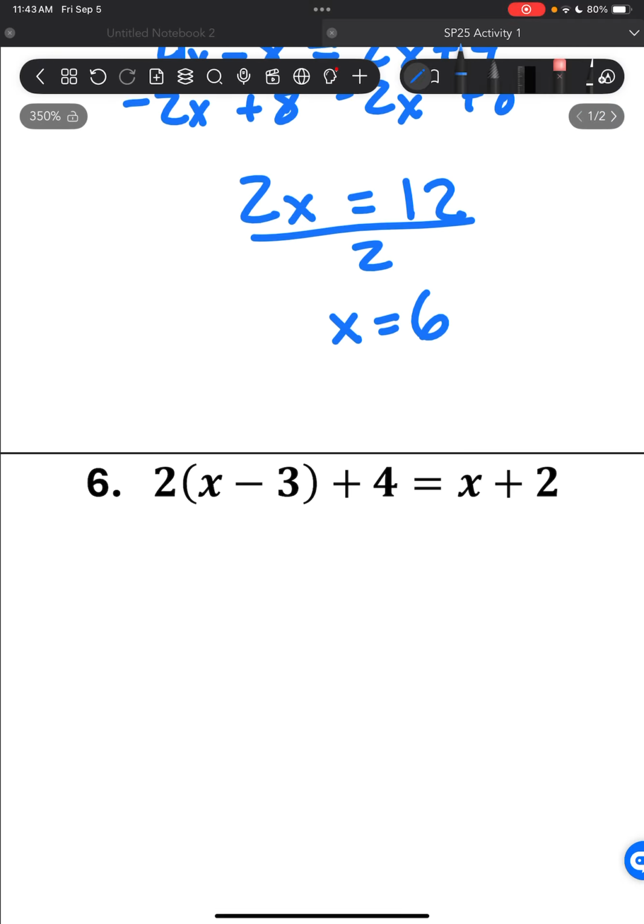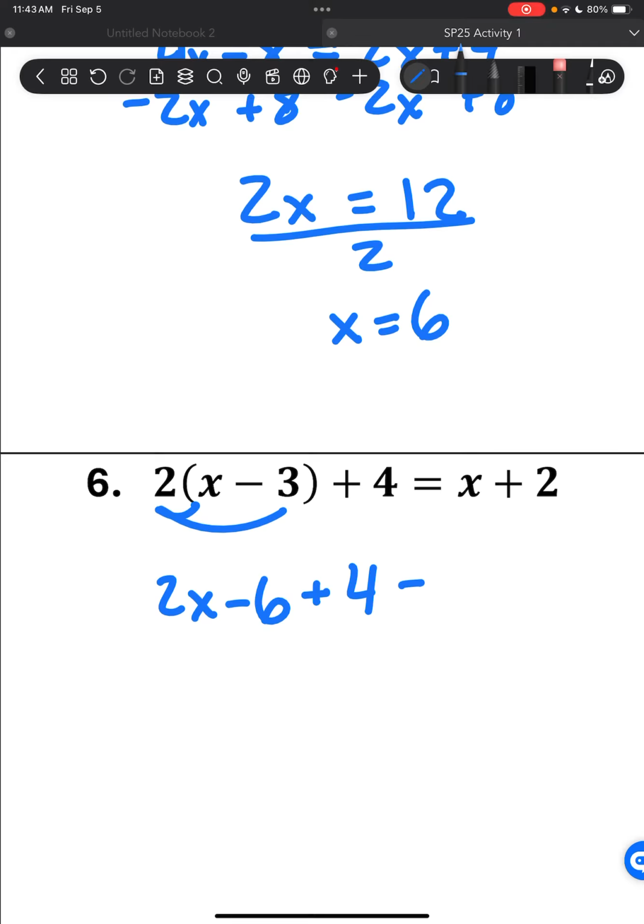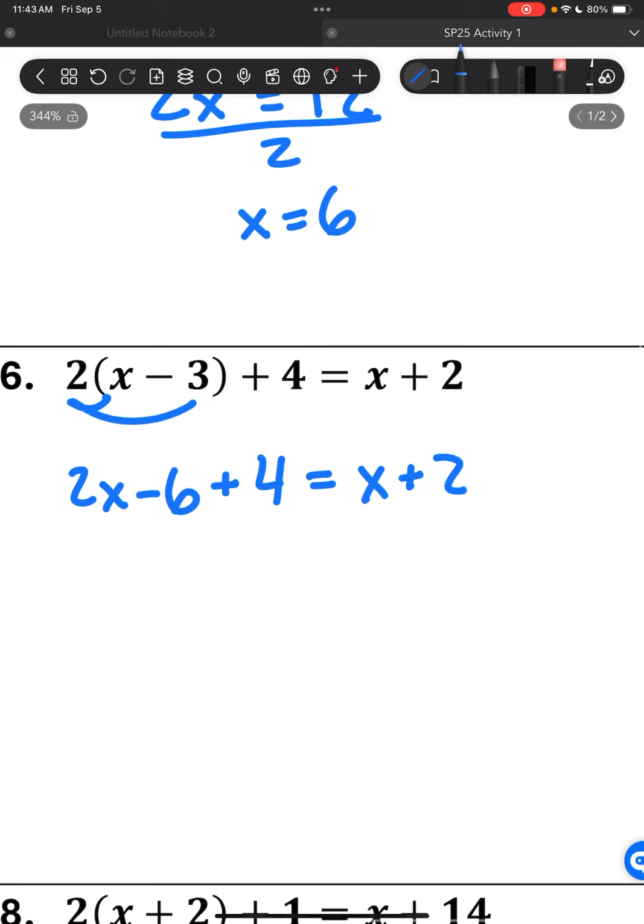Number 6. Again, distributing on this side here. So we have 2x minus 6 plus 4. Now that the parentheses are gone, we see a subtraction and addition happening here. x plus 2. So I'm going to do this in another step too. This is staying the same. 2x is staying the same.